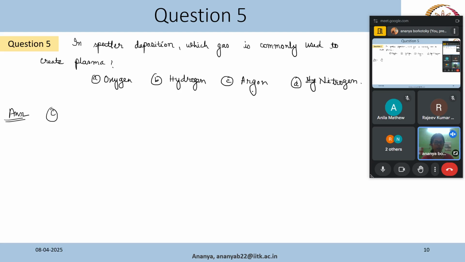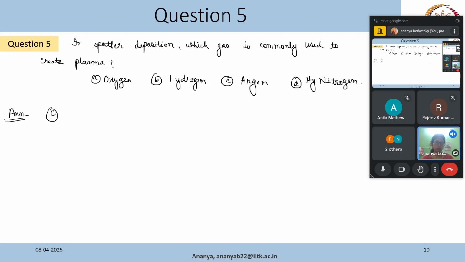Argon ions will hit the target and eject some atoms from it. The sputtering targets are usually maybe 2 inch or 4 inch diameter.